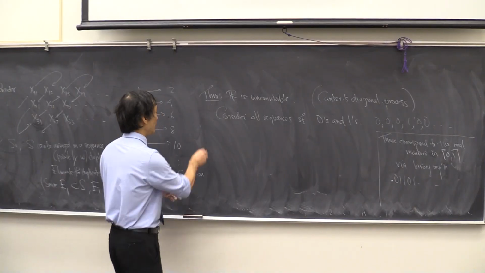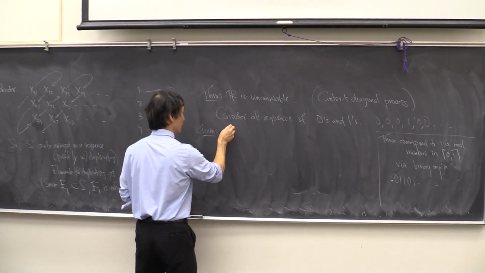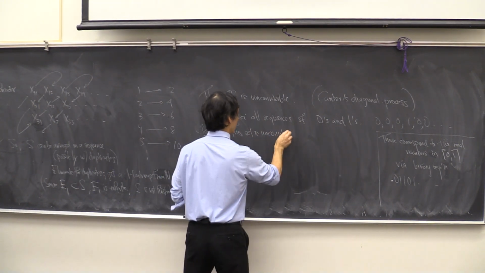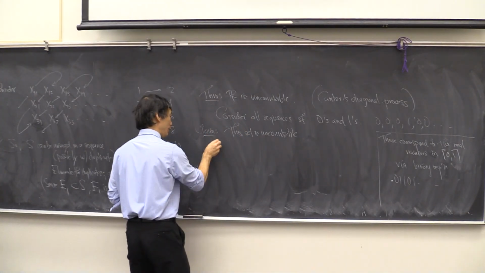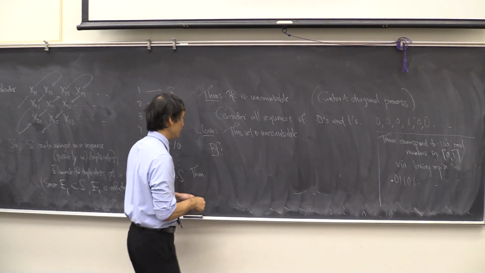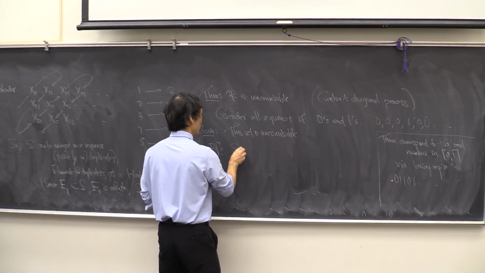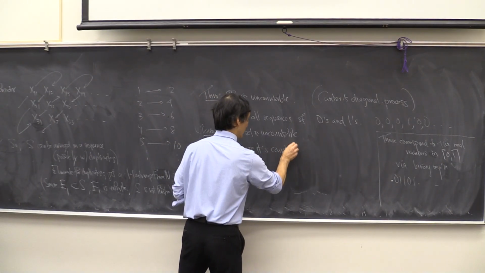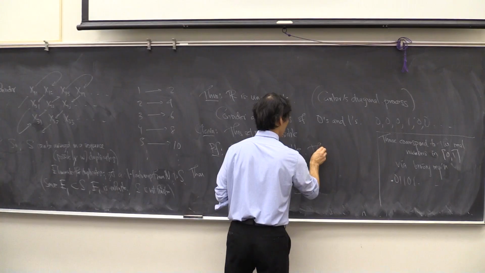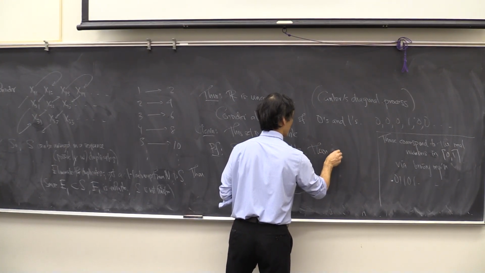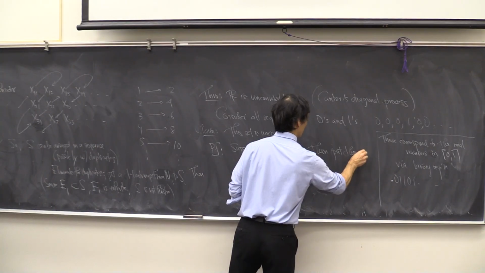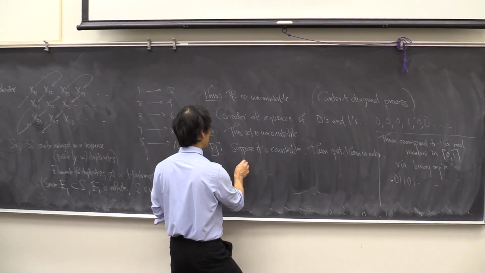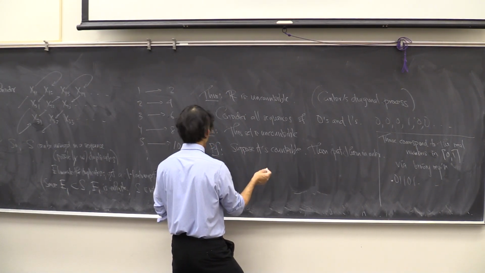Our claim is that this set is uncountable. The proof is really clever. What you do is you say, suppose it is countable. Then put them in order.